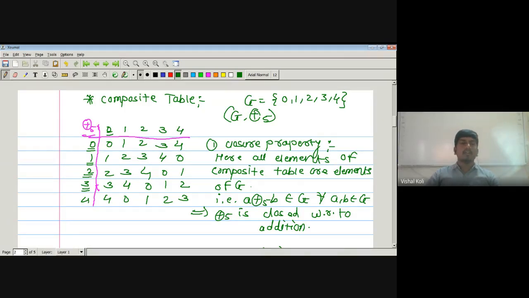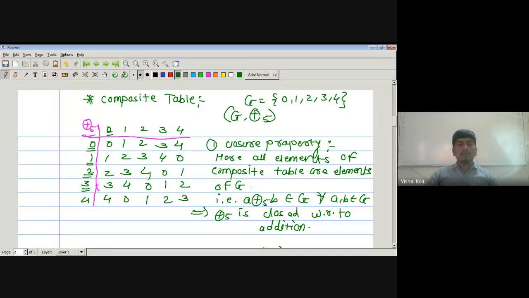Here, the row corresponding to element 0 is 0, 1, 2, 3, 4, and the column corresponding to element 0 is also 0, 1, 2, 3, 4. That is the same. Similarly, the row corresponding to element 1 is 1, 2, 3, 4, 0, and the column corresponding to element 1 is also 1, 2, 3, 4, 0.